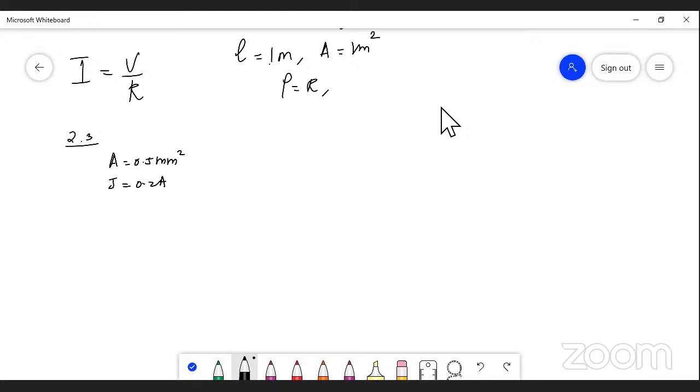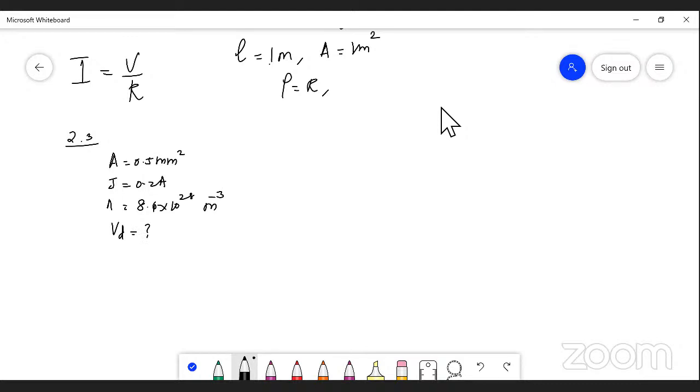If the free electron density of copper, the number density of electrons, is 8.4 into 10 power 28 meter power minus 3, then compute the drift velocity of free electrons. So you are asked to calculate the drift velocity of the free electrons.